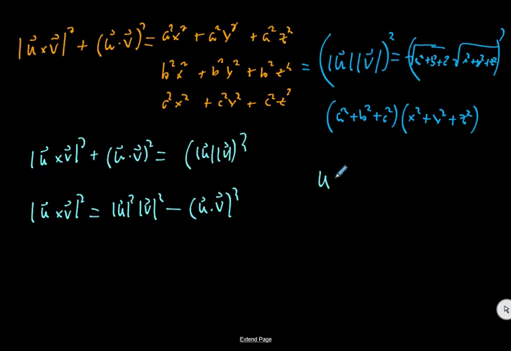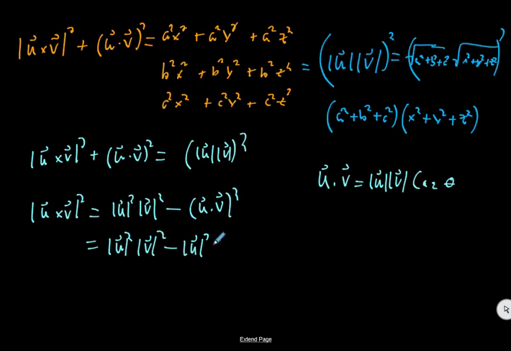But isn't u dot product v equal to magnitude u magnitude v times the cosine of theta? So if I take this and square that, I'm going to have magnitude u squared magnitude v squared minus magnitude u squared magnitude v squared times the cosine squared of theta, right?